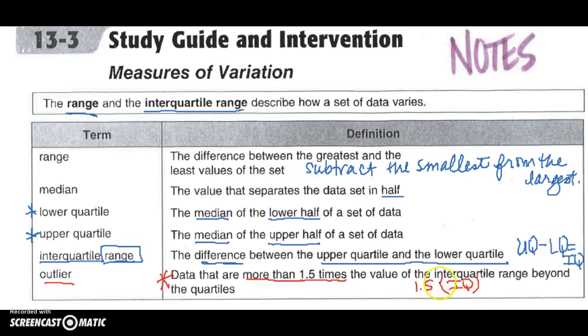Or if we do this product and we subtract it from the lower quartile, any number smaller than that result is also an outlier. It will make more sense when we see it with a number.